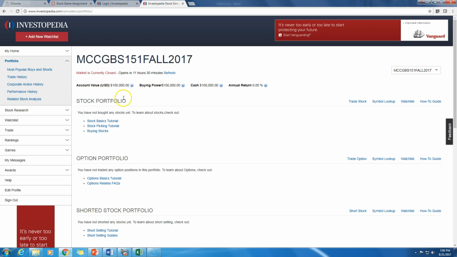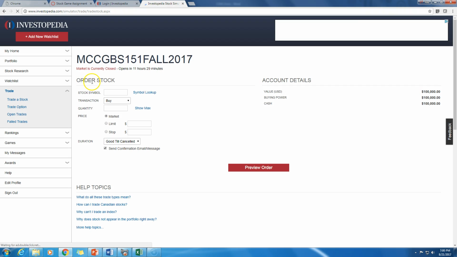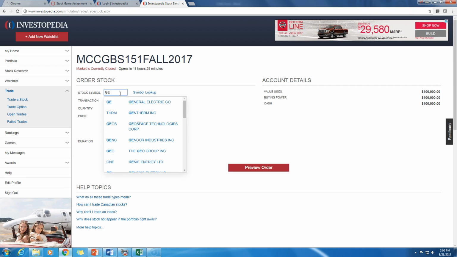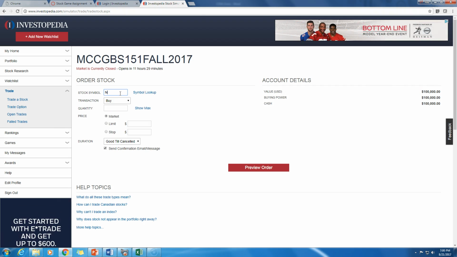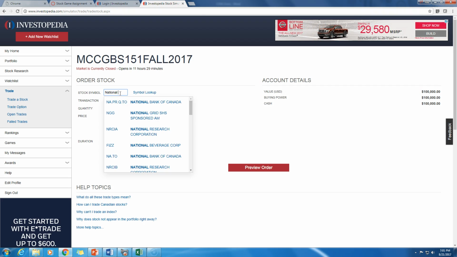Once you have your account created and you've done your research and you know what stock you want to buy, you can click on Trade, and that takes you to the order stock page where you can actually type in the ticker symbol of a stock. If you don't know the ticker symbol, you can try typing in the name of the company.